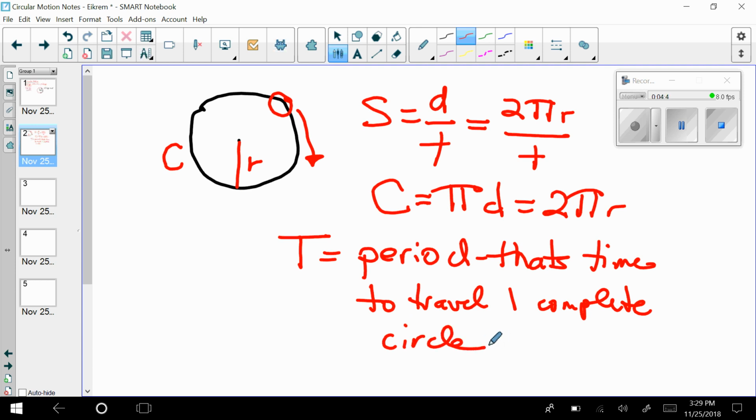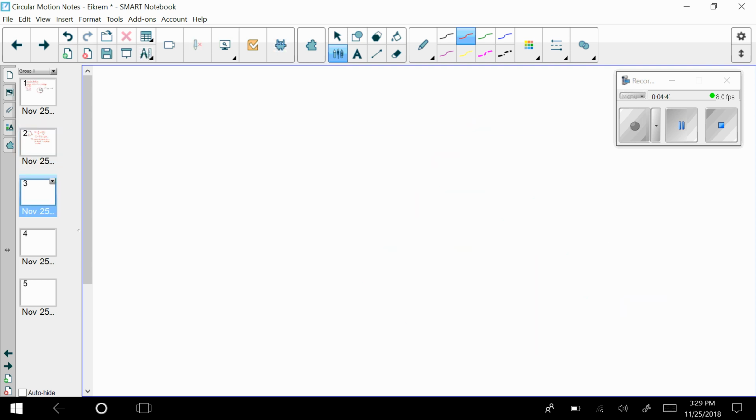Okay, so now we're going to look at doing a problem. We're going to take a problem where we have a car going around a circular track. The track looks like this, the circular track. There's a car on this track traveling around in a circle like this.